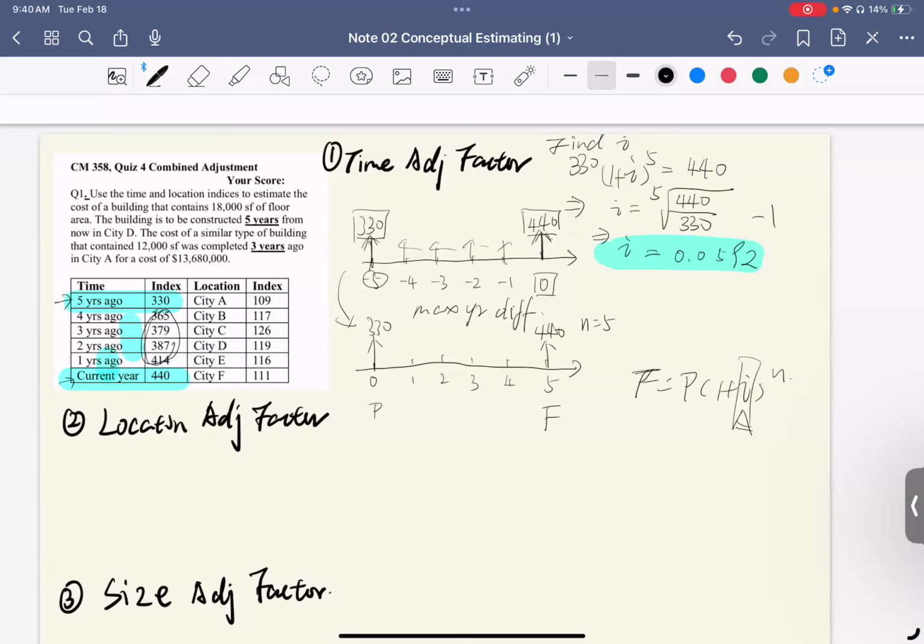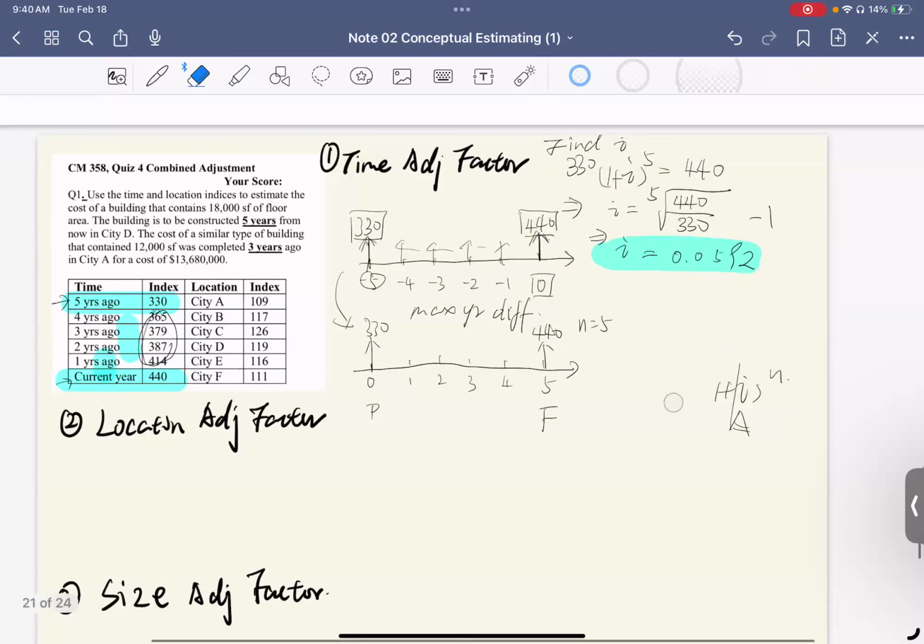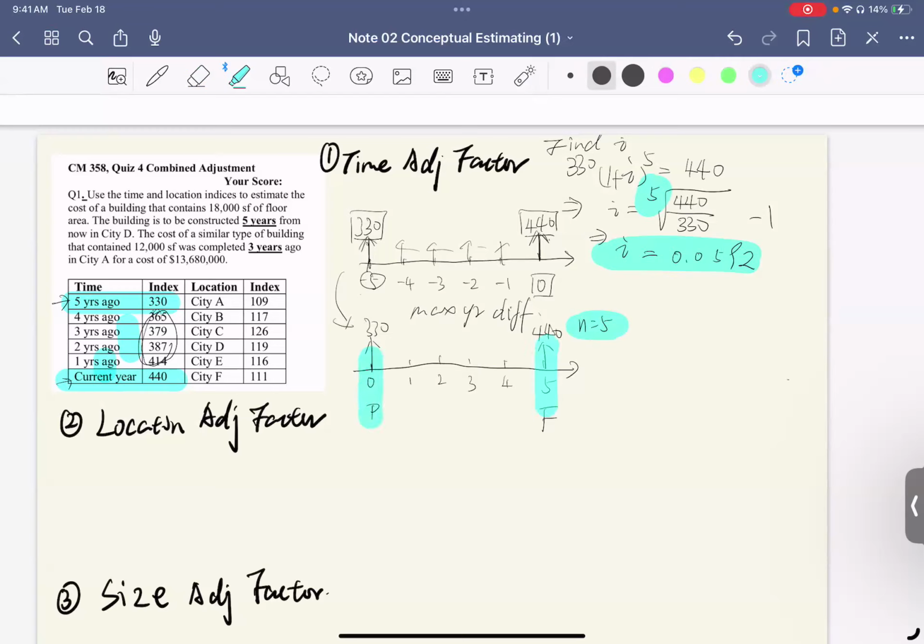So the only thing you're doing is you put 440, 330, and you square root it? It's not square root. It's 5. I'm sorry, here is 5. Oh, okay, because your year difference here is 5. So the root here, you need to use the number of the year difference. You have the current year and 5 years later, so the year difference is 5. You put 5 here and you get I. The exact number for our case is 0.0592. So keep 4 decimal places.